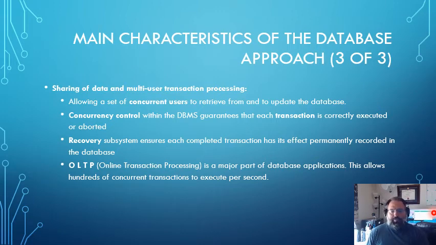You don't want some sort of a partially completed transaction to occur. So if you're subtracting from one table and inserting into another table, you don't want to do just the subtraction and not the insertion. Those two things happen together, and that's what's termed a transaction. A recovery subsystem ensures that each completing transaction has its effect permanently recorded in the database. OLTP, online transaction processing, is a major part of database application. It allows for high degrees of concurrency per second.